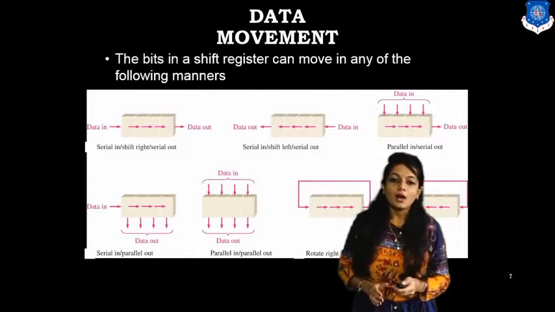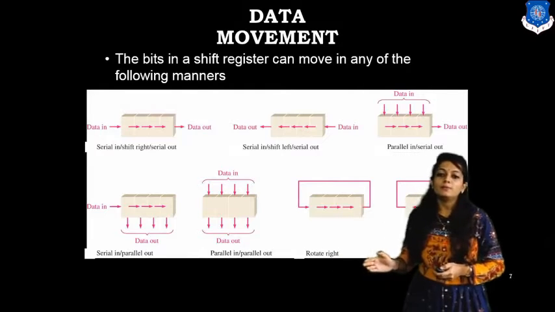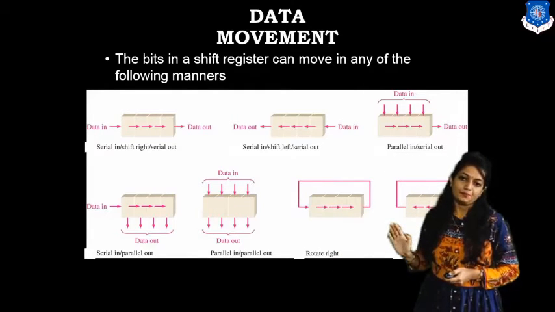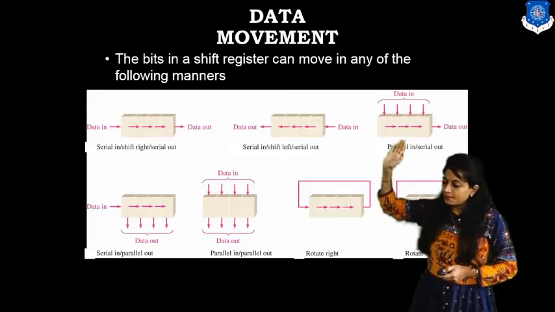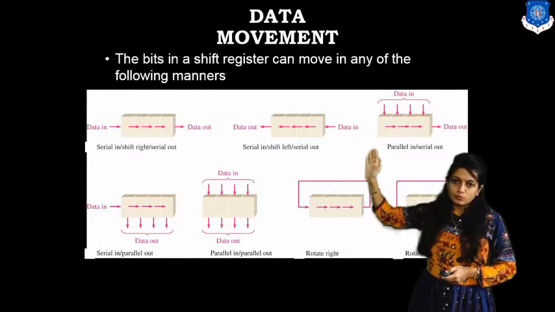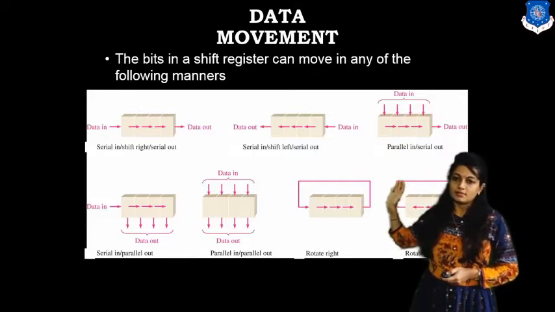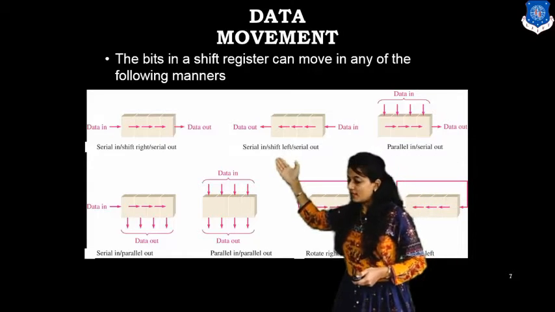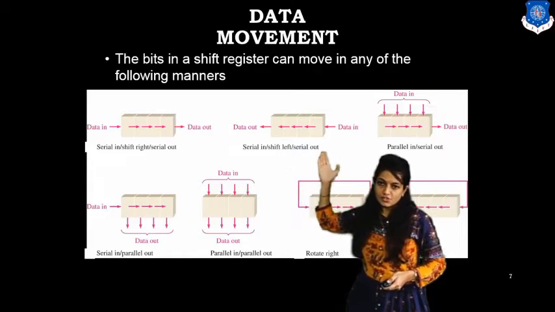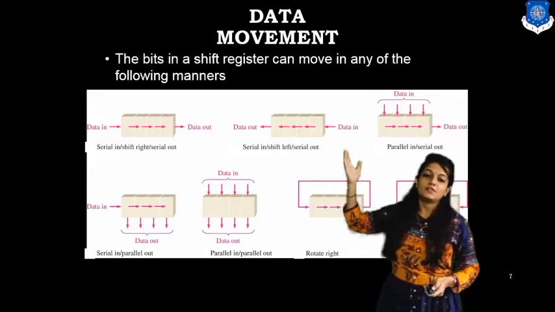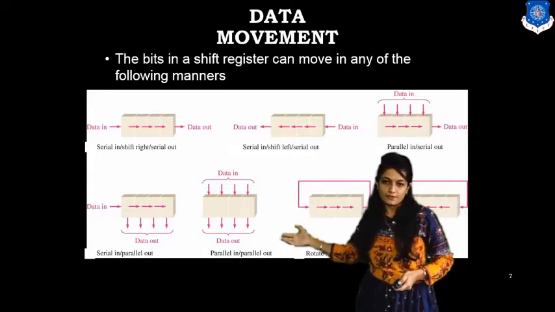Now, how will the data movement be done? The bits in the shift register can move in any of the following manners. It is like a serial input shift register. It can shift right or shift left.